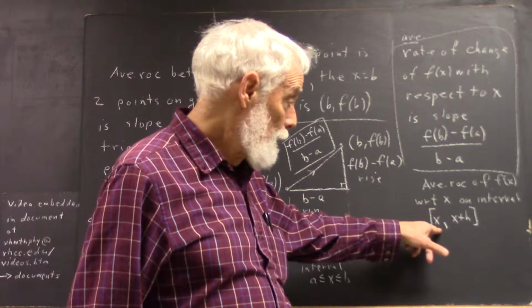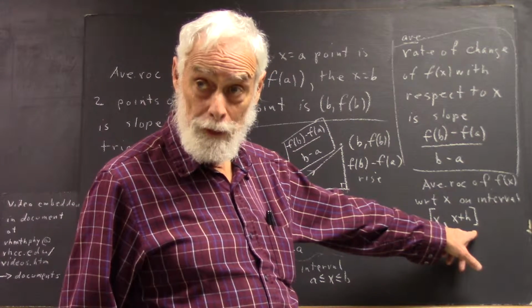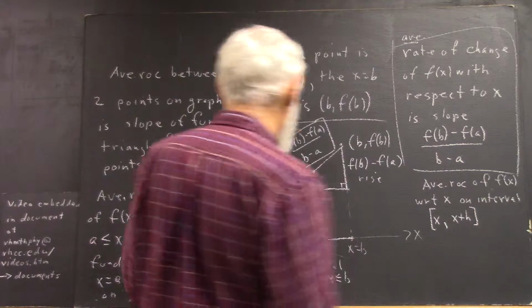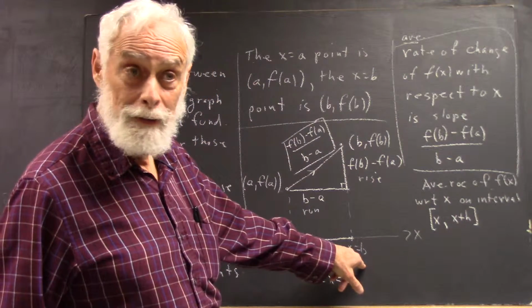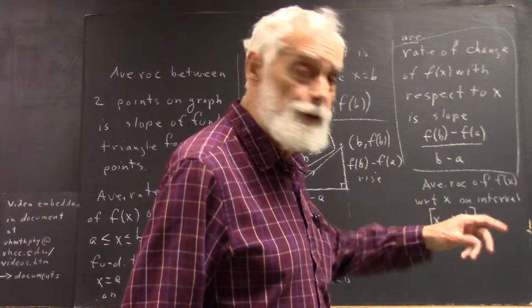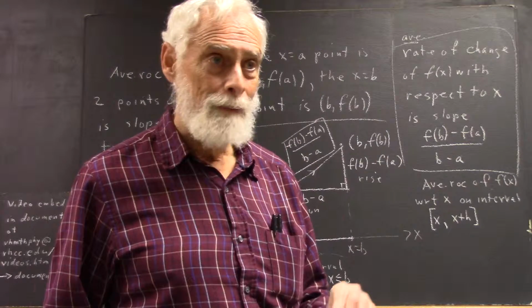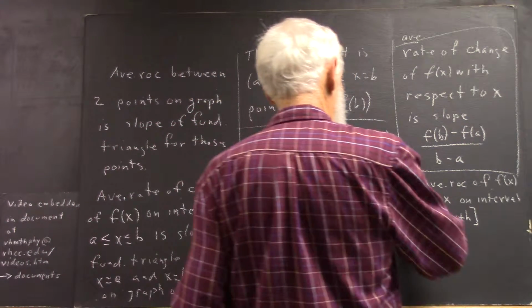We just put the left side of the interval here, the right side of the interval here. So instead of a and b, you've got x and x plus h. We think of h as a small number, but it doesn't have to be.